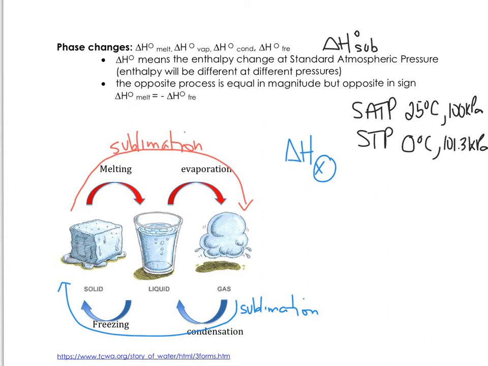If you look at this diagram, you can see that on the top diagram, these red arrows all indicate that energy has to go in. You have to heat ice to melt it. You have to heat water to evaporate it. So on the top, these processes are endothermic.